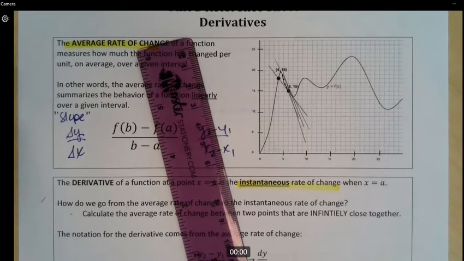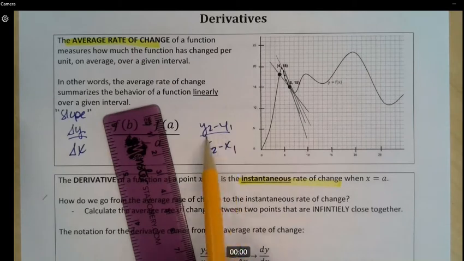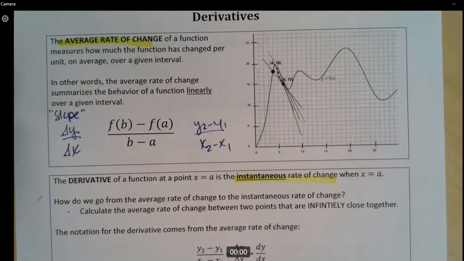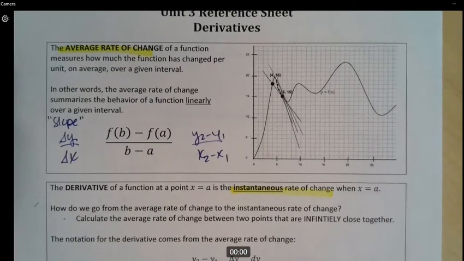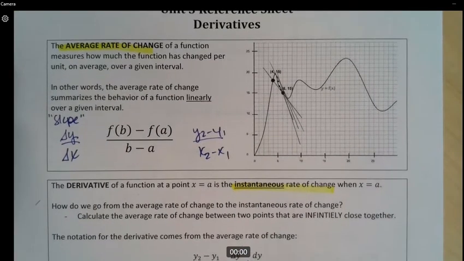So then you're like, okay, well, if the tangent touches the graph in one place, how do I get my 2 points to put into this? And that's the big question. That's what they figured out by coming up with the derivative.